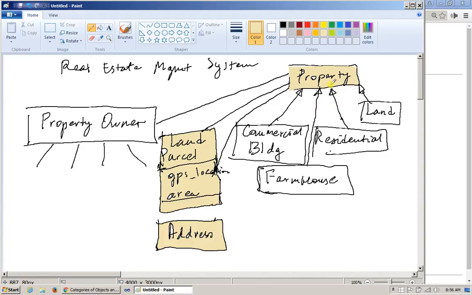Because very likely it will specify what property can do in its attributes, whereas specific types of property such as land, residential, commercial, farmhouse, colonial, whatever, multifamily, and so forth, those would be, of course, implementation of that specific property, but most likely property will provide an interface to all kinds of types of properties I can have in a system.